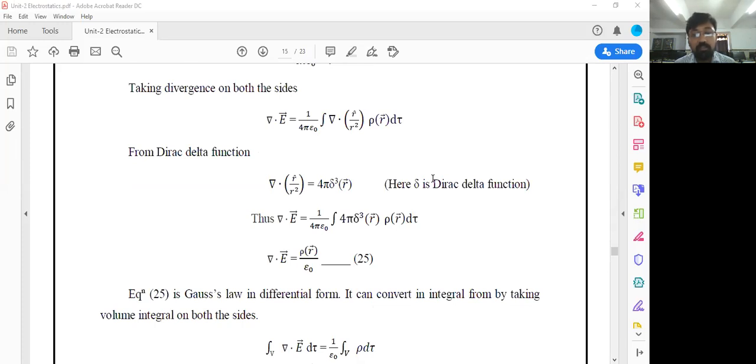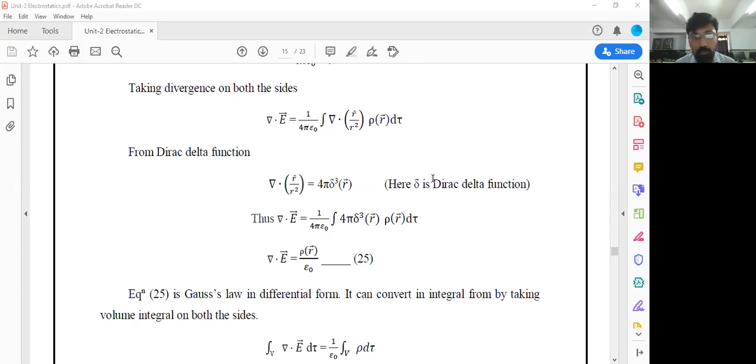It will become del dot E, or divergence of E, equal to 1 upon 4 pi epsilon 0 integration, and instead of del dot r cap upon r square, we put the value 4 pi del cube r, and the remaining term, that is the volume charge density rho of r into d tau.